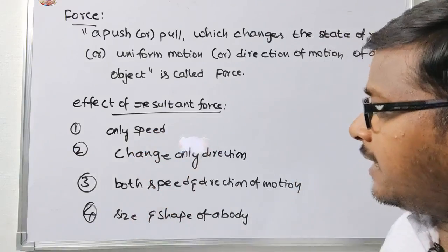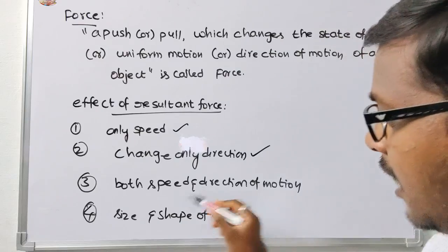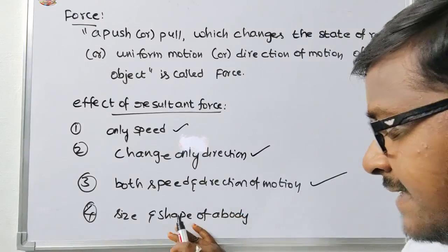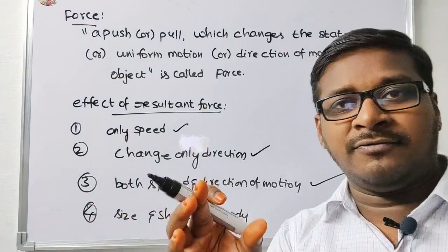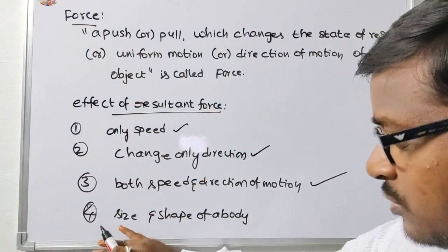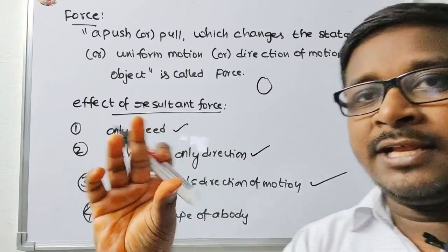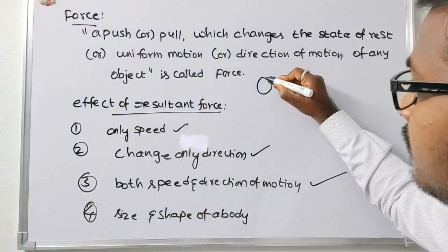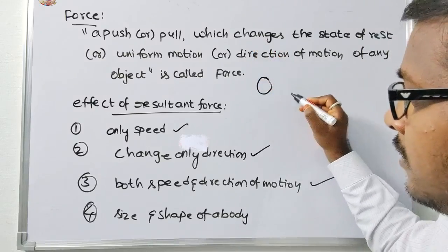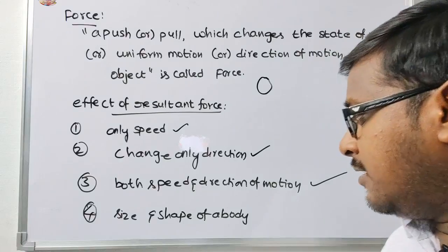At the same time the direction may also change, so speed and direction of motion change. Then size and shape, for example dough. When force is applied to the dough, it changes the size and shape of the body.